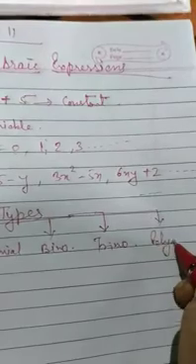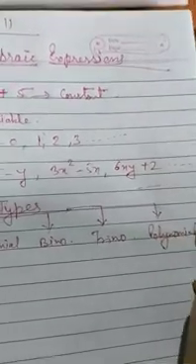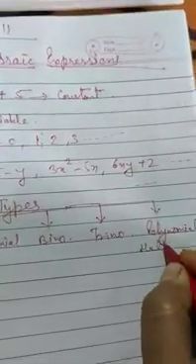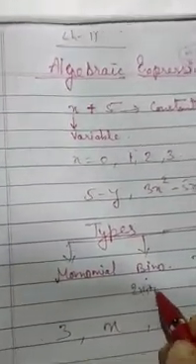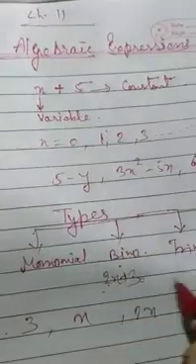Polynomial or multinomial. So what is mono, children? Mono means containing only one term, like 3 or x or 2x. But what is binomial? Containing two terms, 2x plus 3, two terms only.